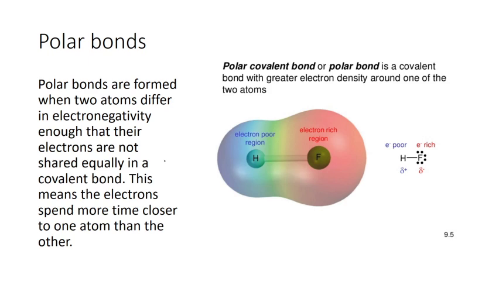And really what happens in a polar bond is that two atoms are differing enough in electronegativity that they are not sharing the electrons equally, and this means the electrons spend more time closer to one atom than the other. So in this picture here, we've got a polar covalent bond between fluorine and hydrogen, and essentially fluorine, over on this side, has most of the electrons.